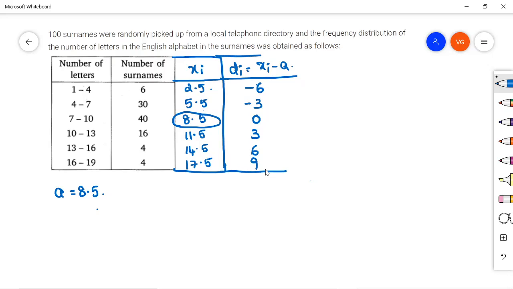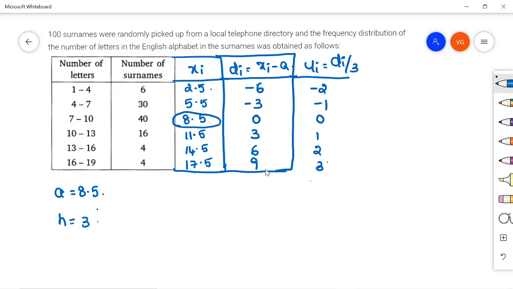Right. So we can go with the step deviation method as I have a common integer here. So let us consider the height h or the step size be 3. Then I'll get ui is equal to di by 3, so that the calculation will be reduced. So minus 6 divided by 3, minus 2, minus 1, 0, 1, 2, 3 we will get.